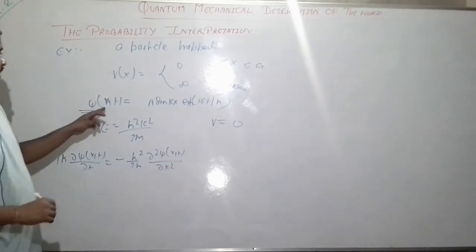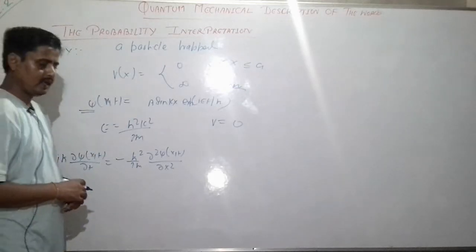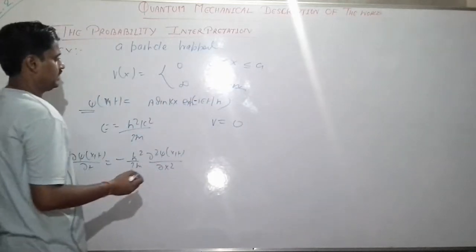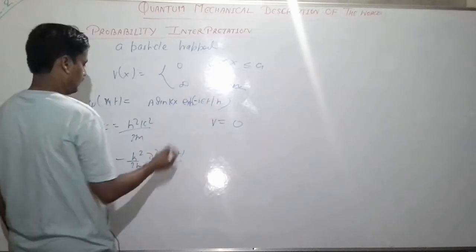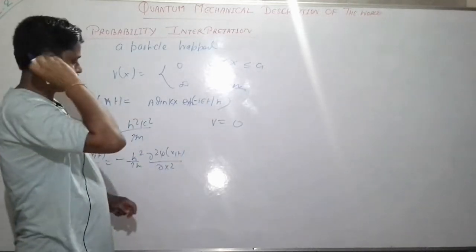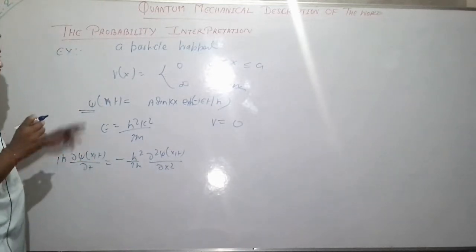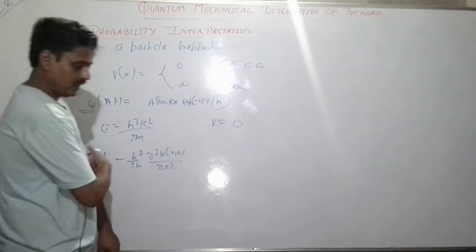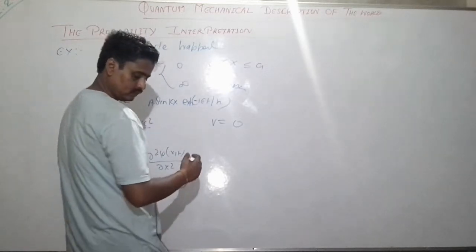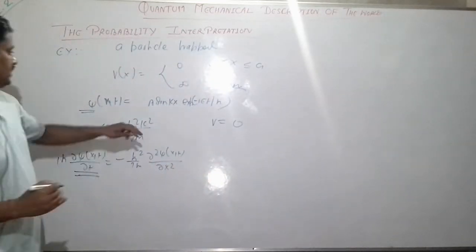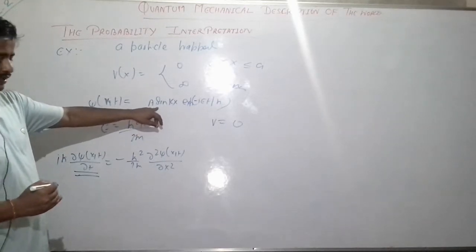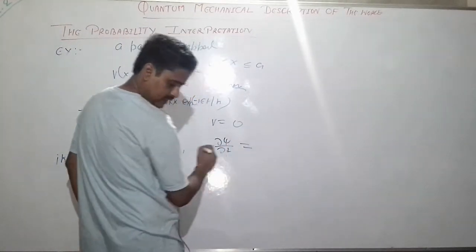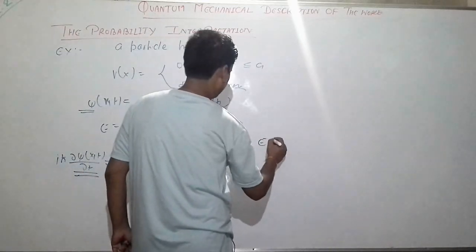First of all we have to differentiate psi(x,t) with respect to t, and by differentiating we get simply i h-bar del psi by del t equal to E psi.